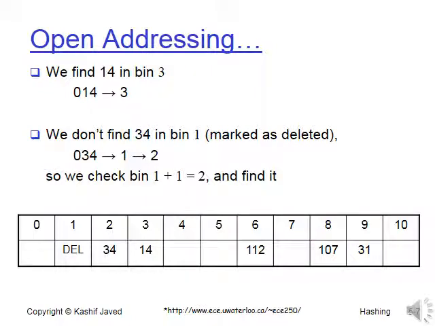But we find bin 1 marked as deleted. We further proceed by incrementing the quadratic function I equals 1 and compute the hash value, which equals 2. Thus, we find key 34, which is in bin 2, and it will be a success.